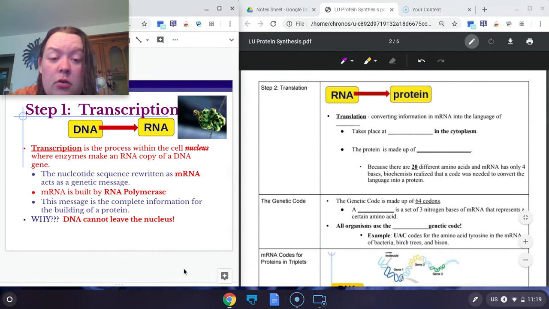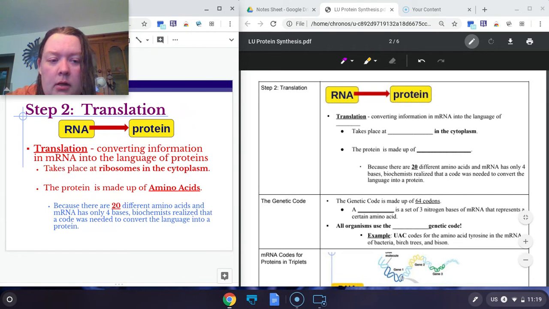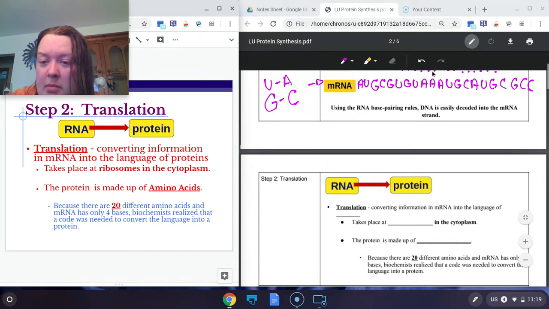Step number 2 is translation. Translation is going from the RNA to the protein. So we're going to use the RNA that we made here in step 1 to make the protein.